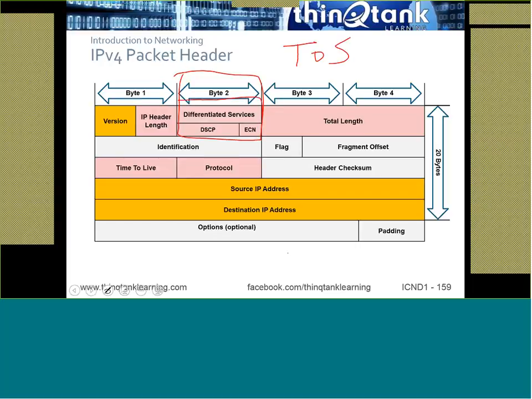This is an 8-bit field, which means we have 8 bits to mark the packet. In the past, we didn't use all 8 bits. In the past, we only used 3 bits. Okay? So we had 5 bits that were fixed.